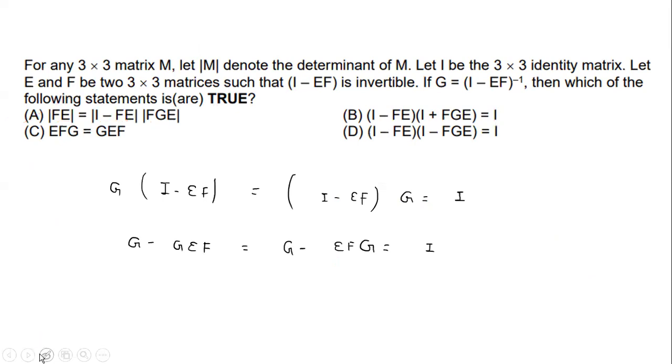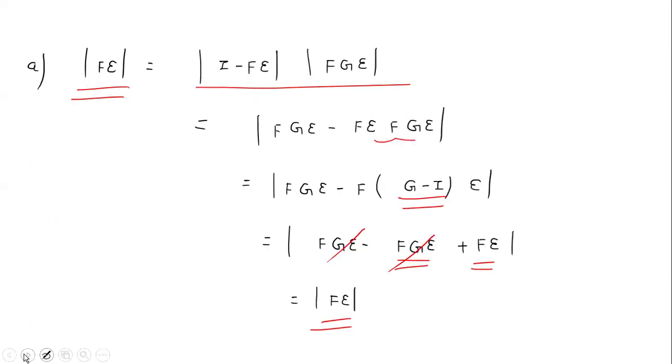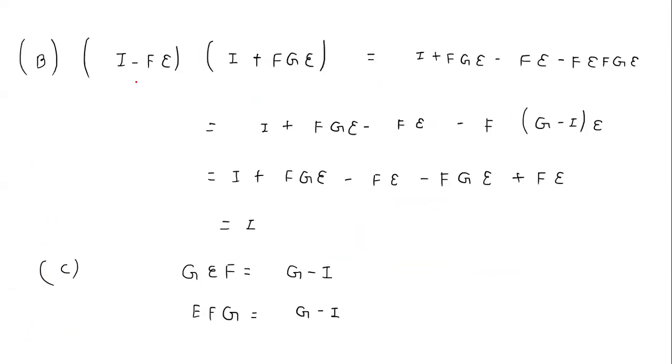Now let's move to the second option. The second option is we have to prove that this matrix product is equivalent to the identity matrix. So we have this matrix and the product of them is equal to the identity matrix. We have to check if this is true or not.